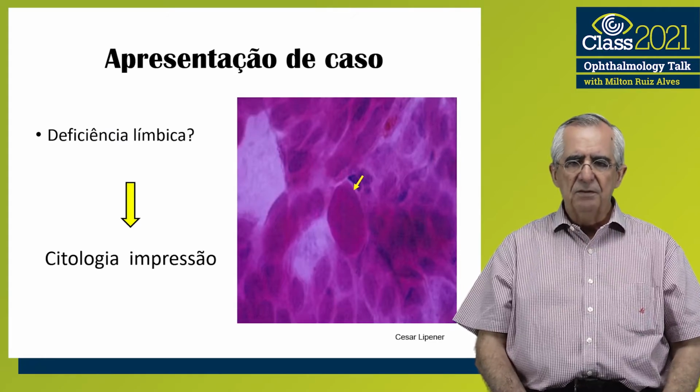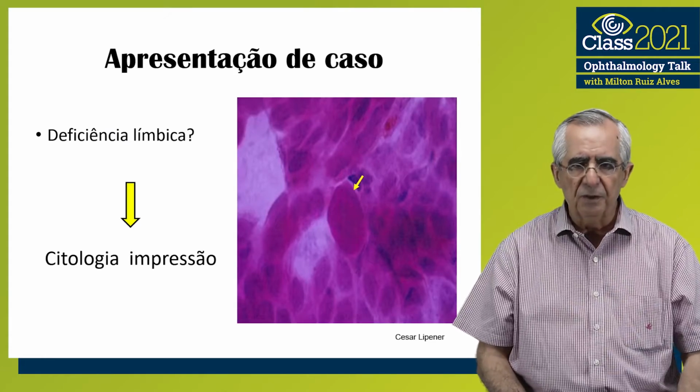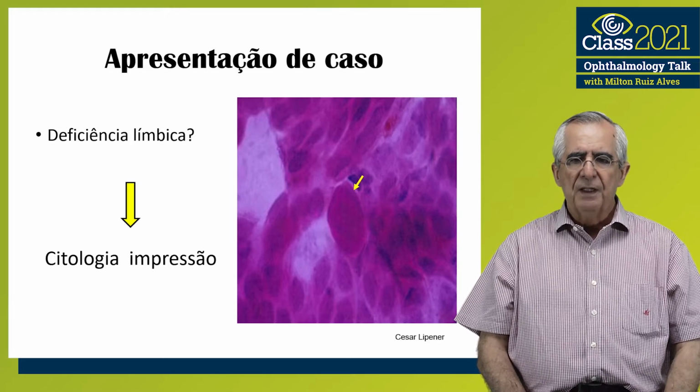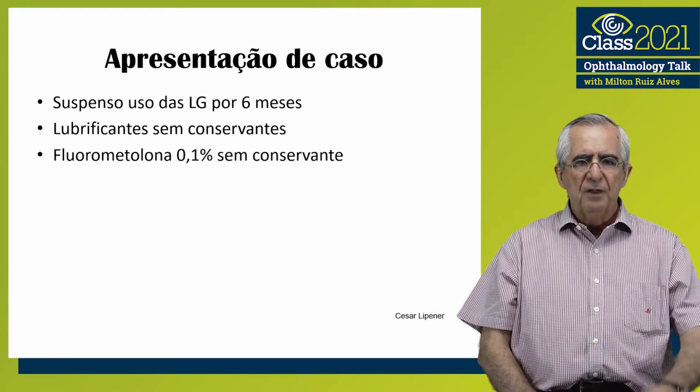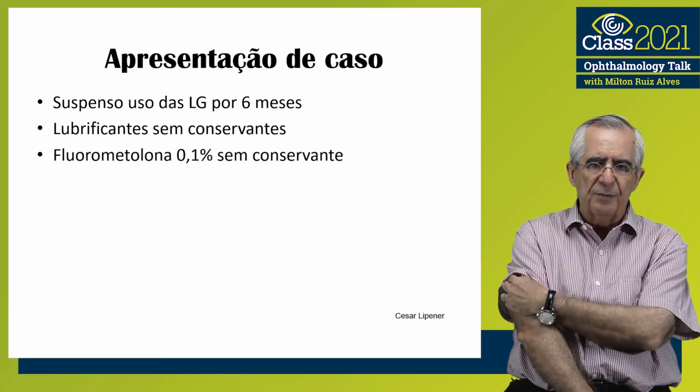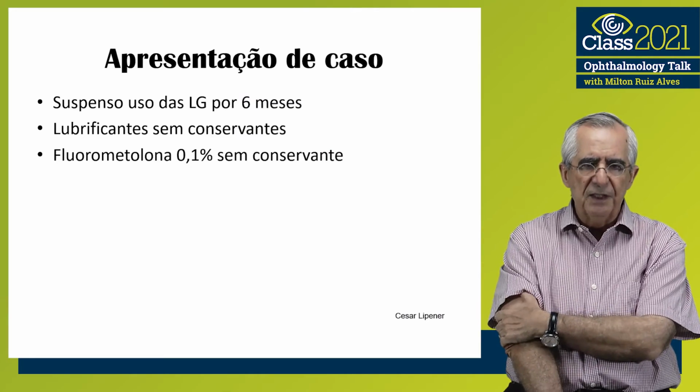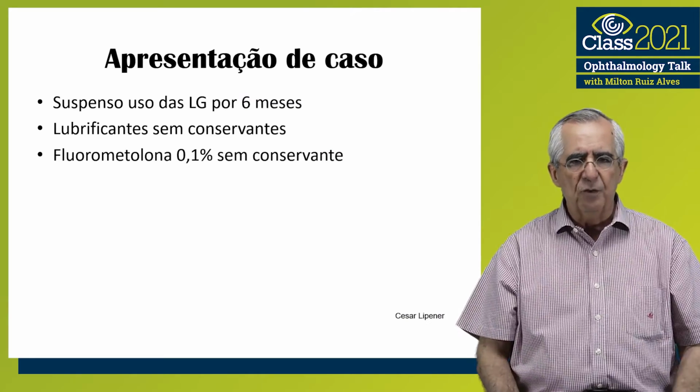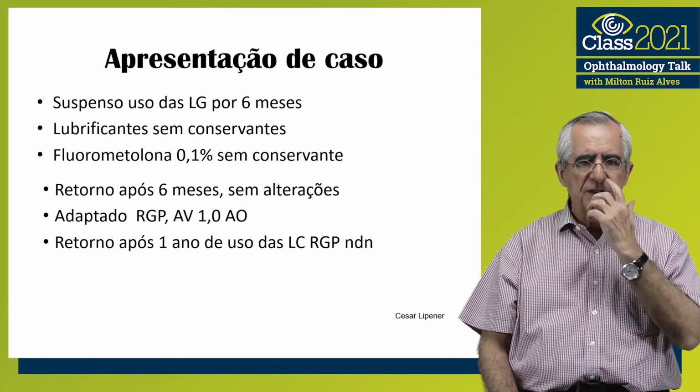Scraping of the material showed the presence of a goblet cell in the cornea, and the use of contact lenses was suspended for 6 months, and a lubricant without preservative and 0.1% fluorometholone were instituted.